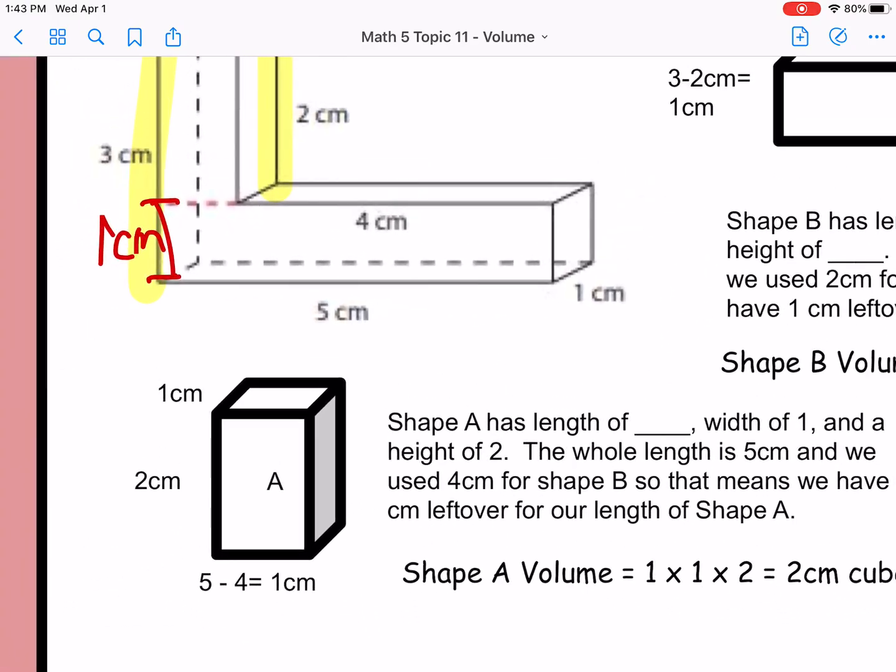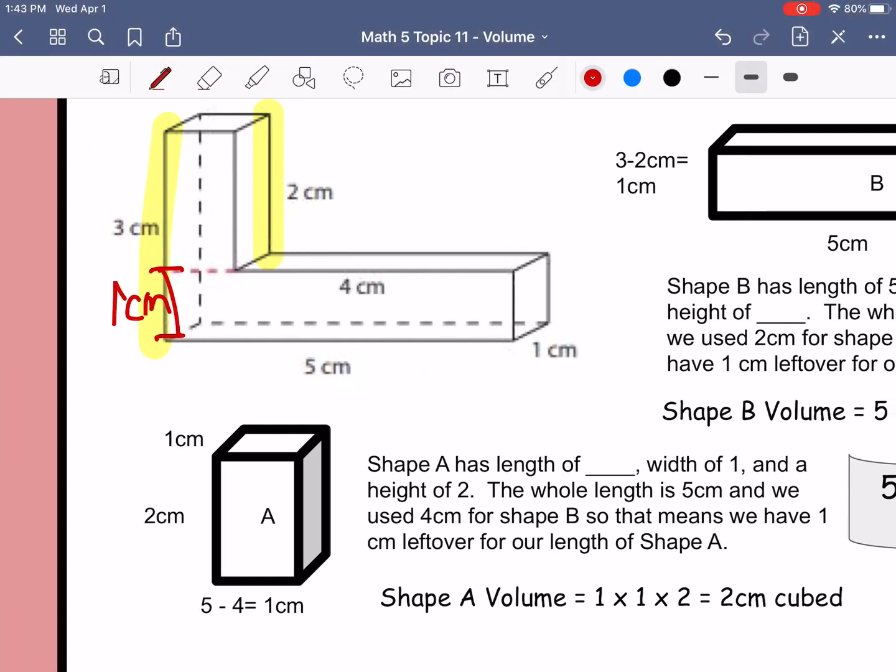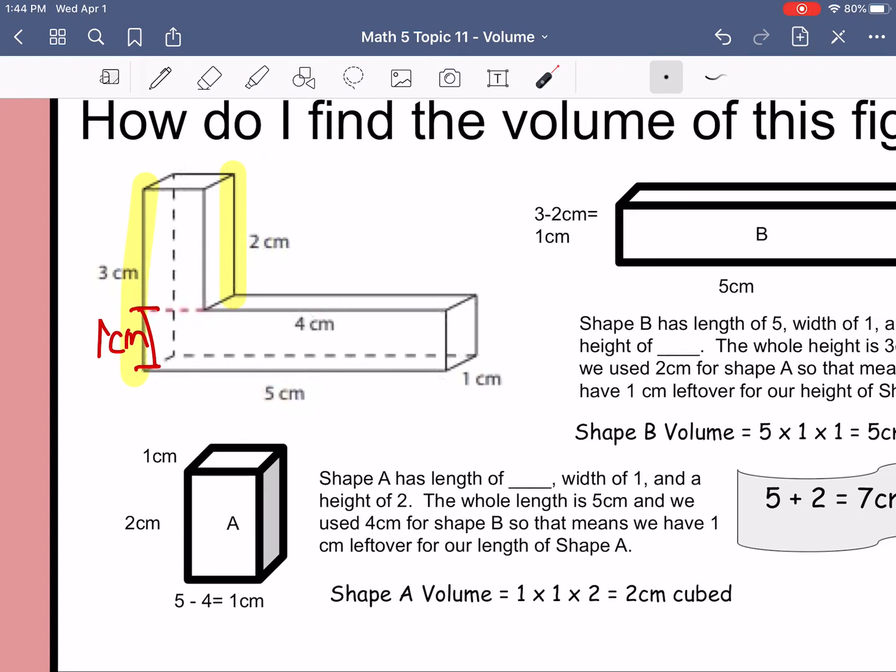All right, now let's again make sure we have all of our numbers. Shape A has, well, we've already outlined it here, a height of 2. So we went ahead and filled that in. Well, I also know that it has, let's see here, do you see how this is 1 right here? Which means this is 1, which means this is also 1, and this is 1.